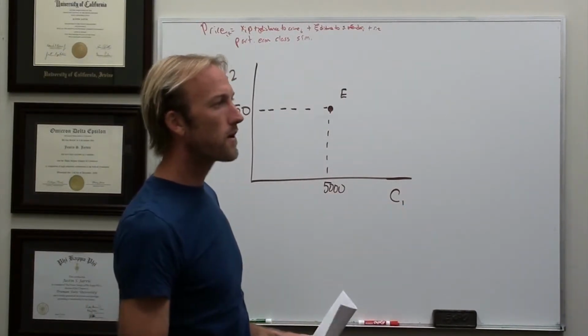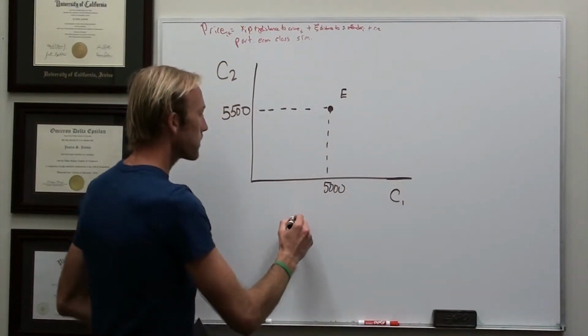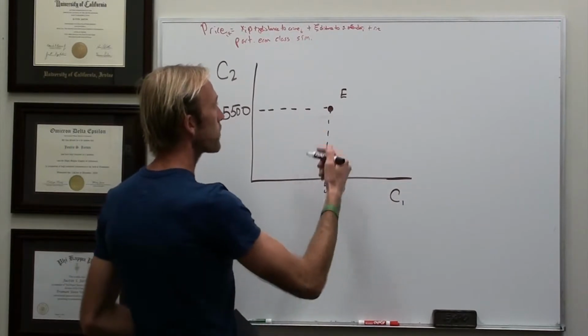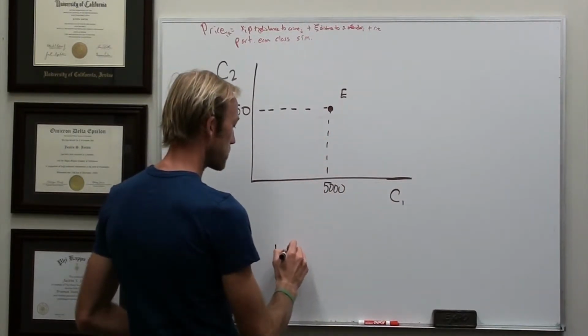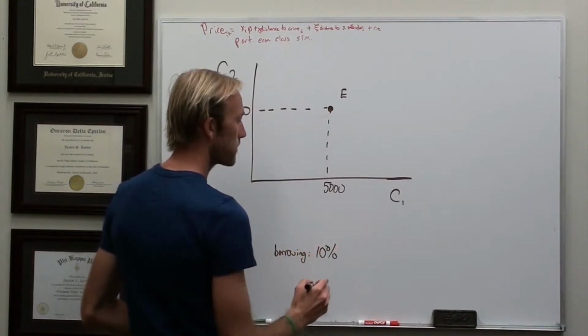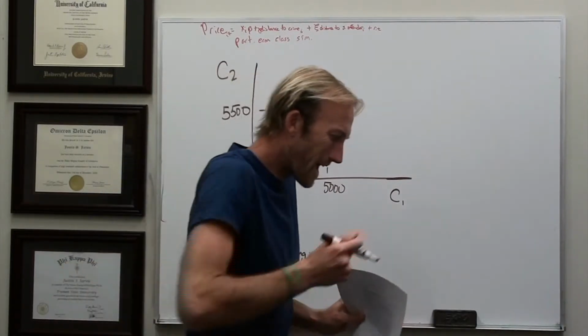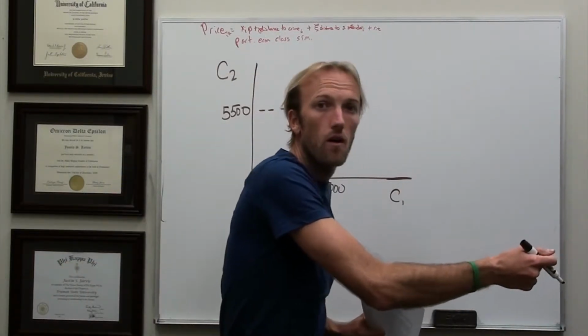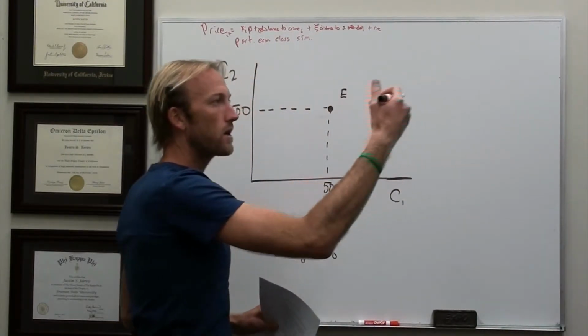What's the maximum amount that the bank would loan me on $5,500 in the future? Well, we know that for borrowing right now, the borrowing interest rate is 10%. Okay? And in general, whatever I borrow now, I have to pay back at a rate of 1 plus R, or 1.1.